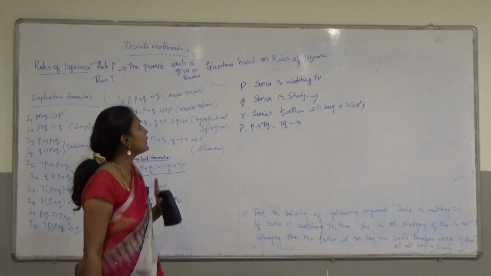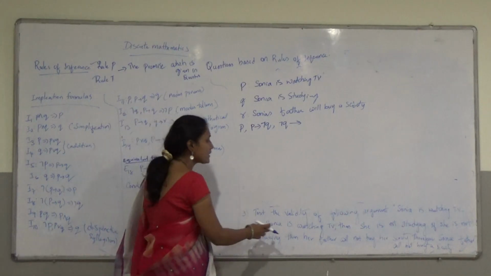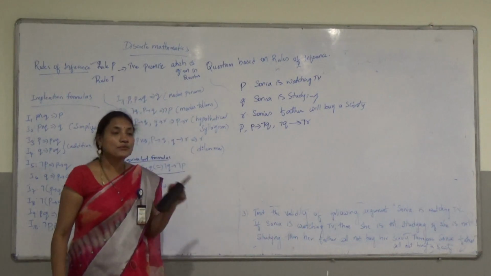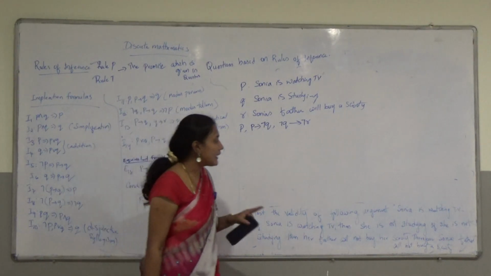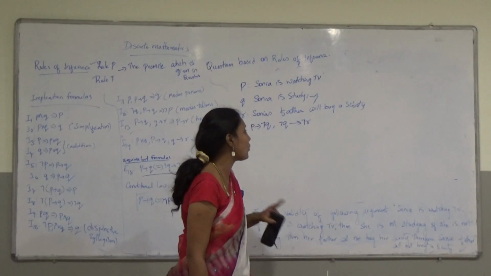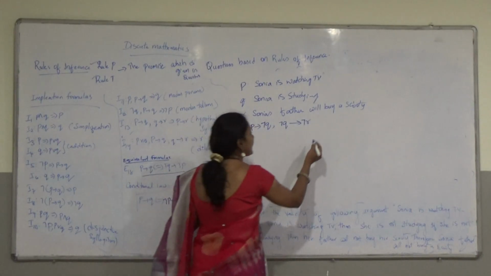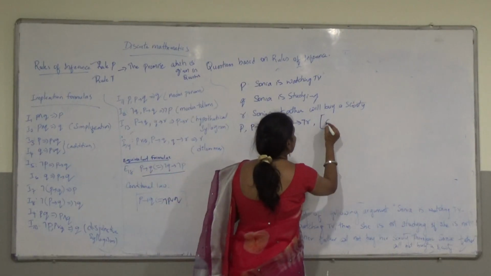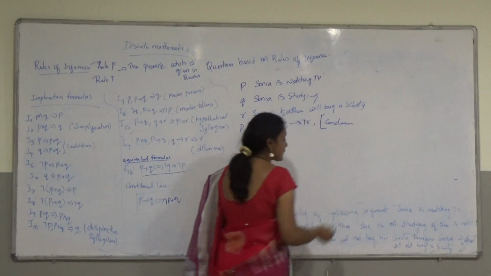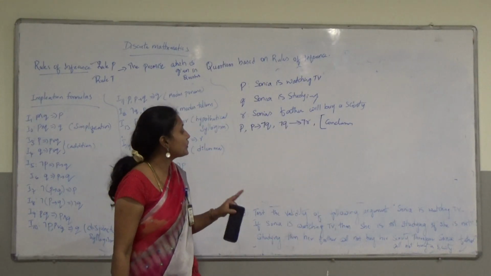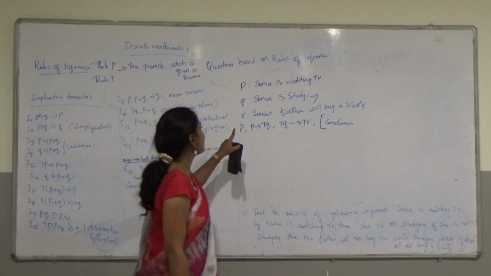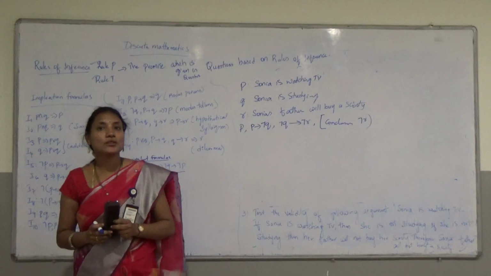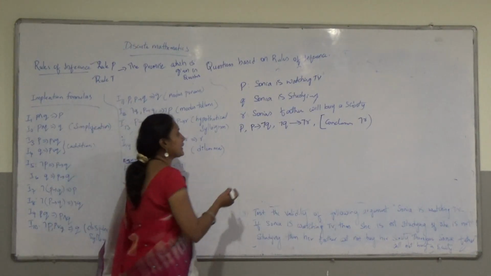Then her father will not buy her a scooty; will not means negation R. These are the premises framed from the given question, and therefore Sonia's father will not buy a scooty. So finally you need to derive a conclusion as the therefore statement. What is the therefore statement? Sonia's father will not buy a scooty. That is, from these three statements, you need to derive a conclusion as negation R.